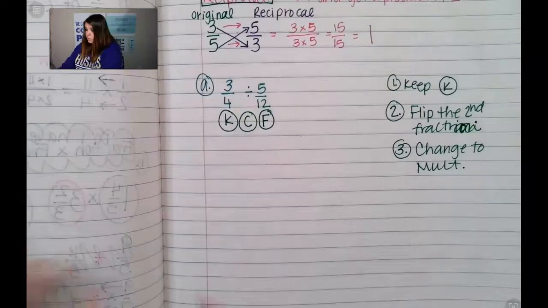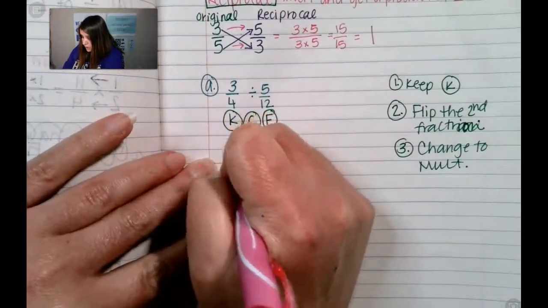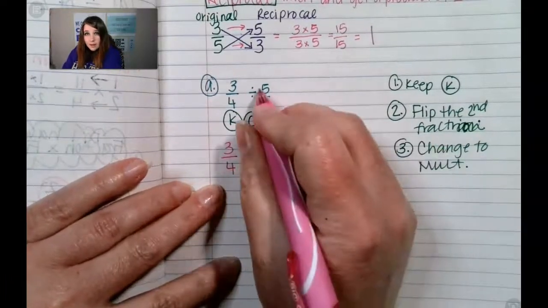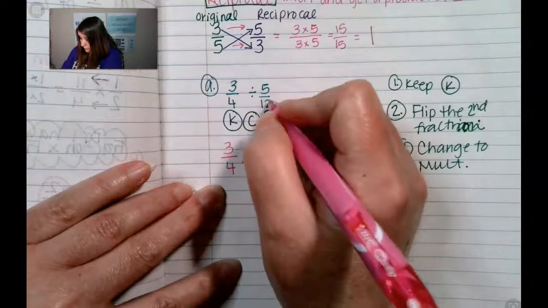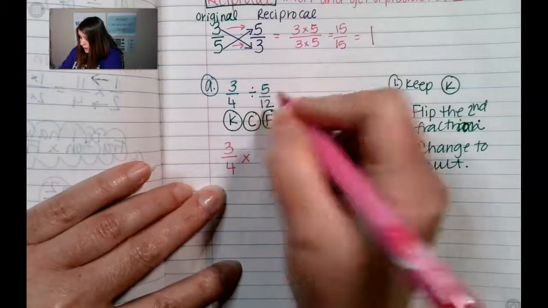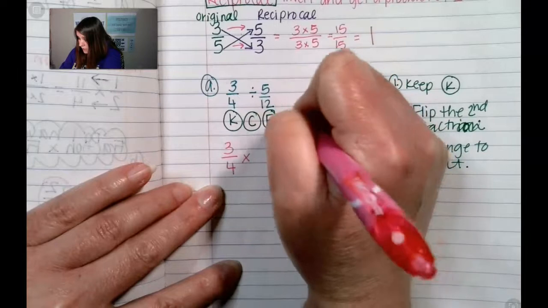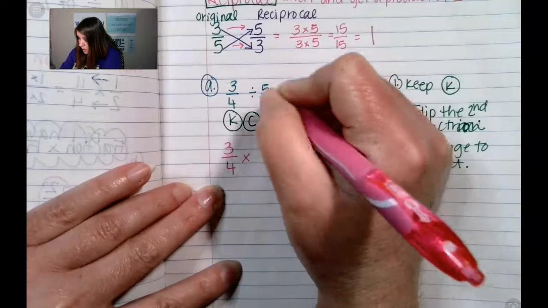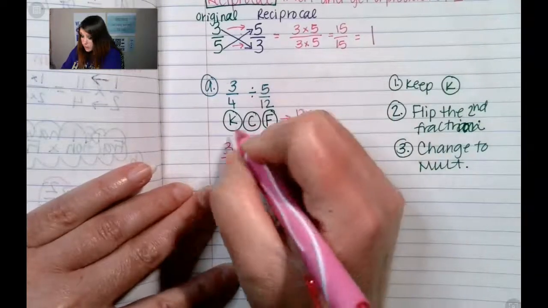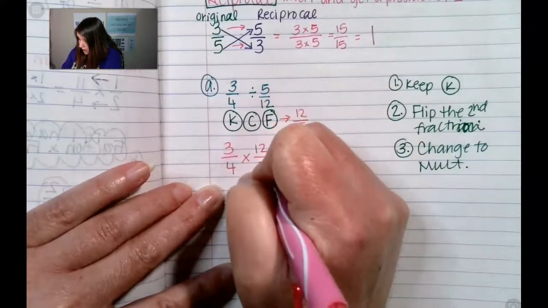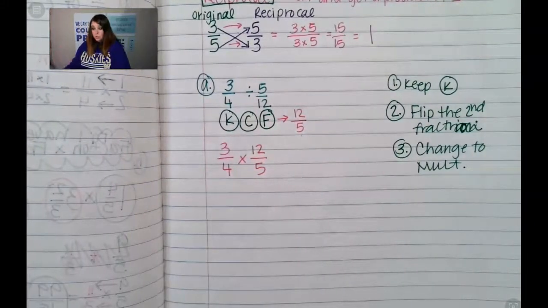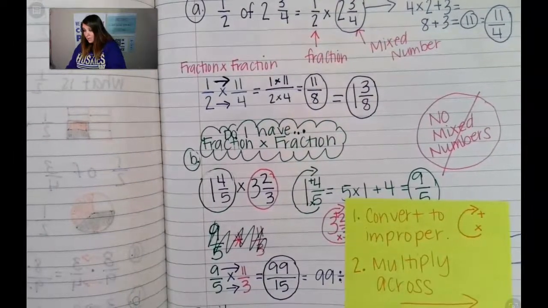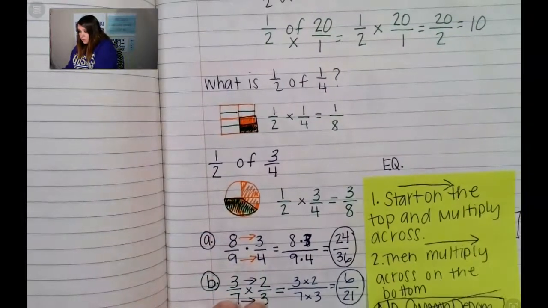These are our steps to solving a division problem. I am going to keep, and I will have 3/4. I'm going to change division to multiplication, and then I'm going to flip this. This was 5/12. The flip of it is 12/5. See how the 12 is now on the top, the 5 is on the bottom. Now I'm ready to do exactly what I did last week when we solved multiplication.